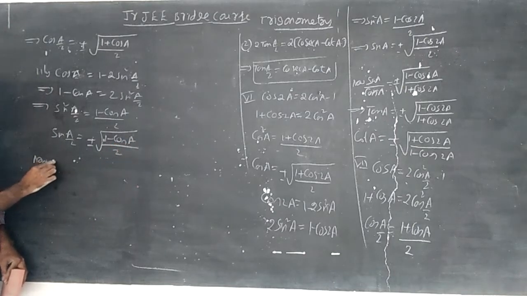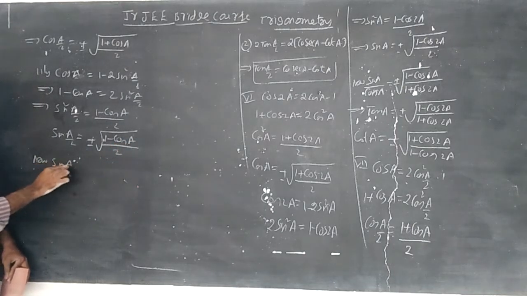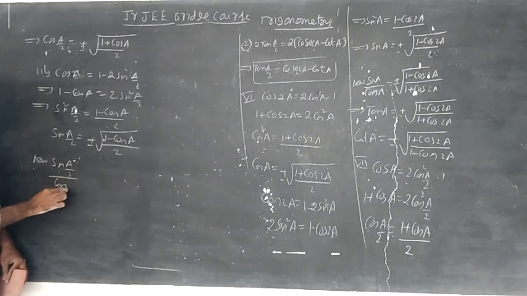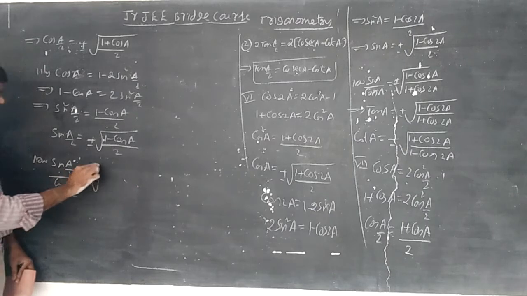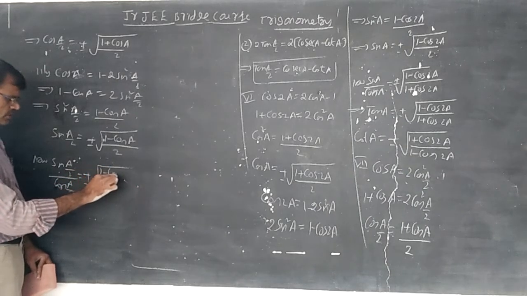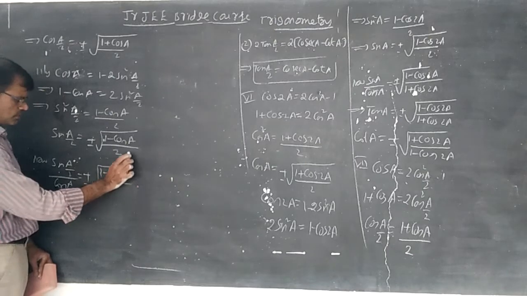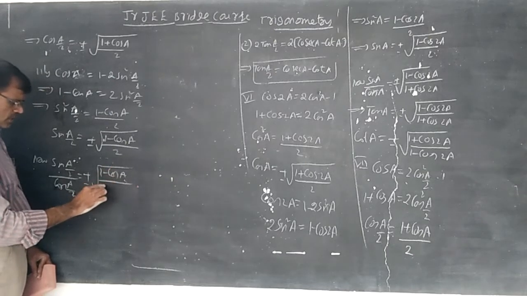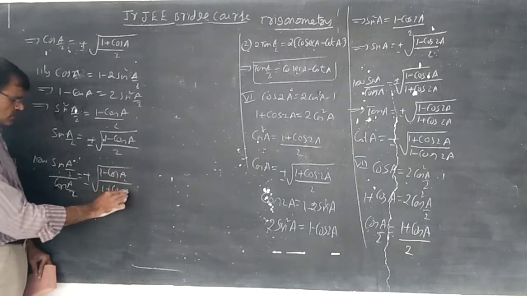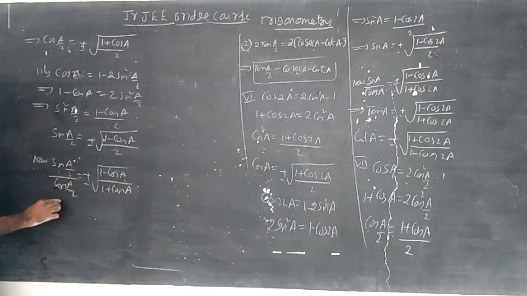Now, I want to discuss with you that sin A by 2 by cos A by 2 is equal to plus or minus root of 1 minus cos A by 1 plus cos A. That implies we got tan A by 2.